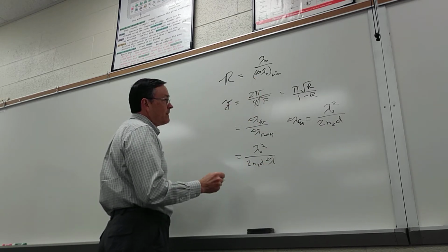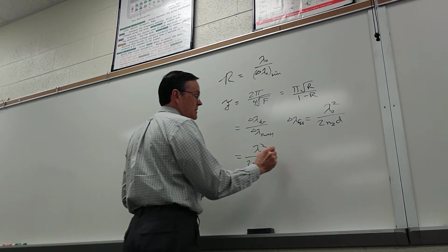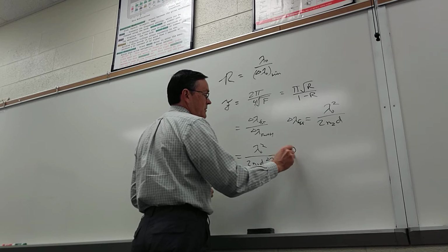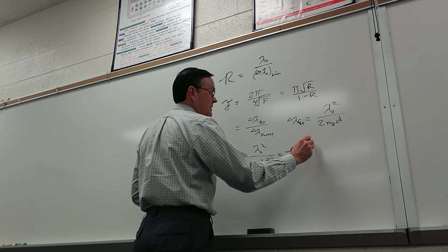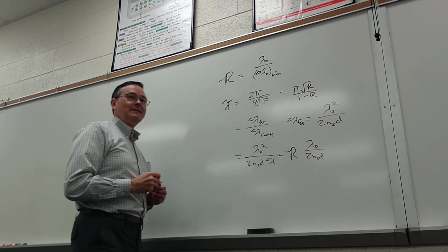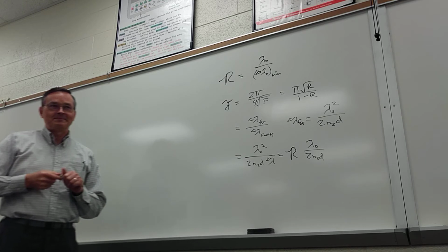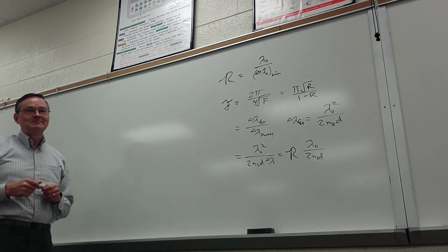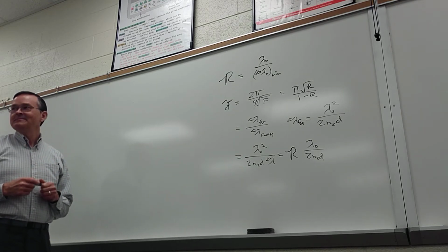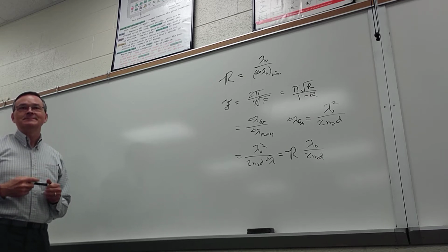So we can peel out a lambda over delta lambda and call that chromatic resolving power. And then we have lambda naught over 2n2d. And then we could solve for chromatic resolving power. That's definitely easier. That's probably the easiest way to do it. I like that way.